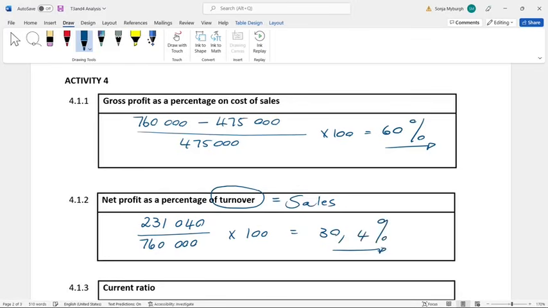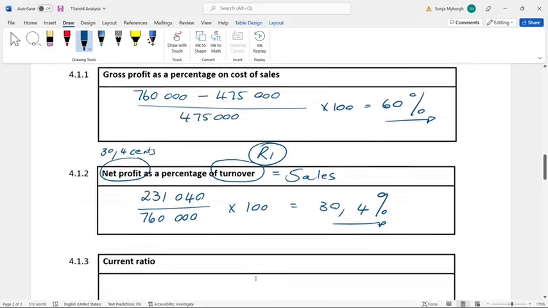What does that mean? For every R1 sales, we kept 30.4 cents as net profit. Where's the rest? The rest is in expenses. So this is the meaning of that 30.4%. R1 sales, we keep 30.4 cents as net profit.